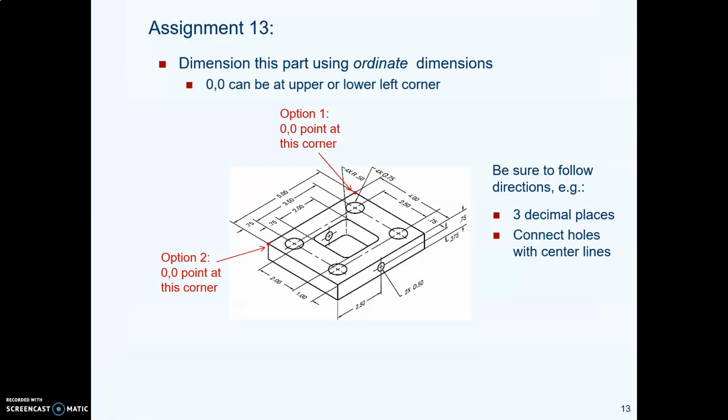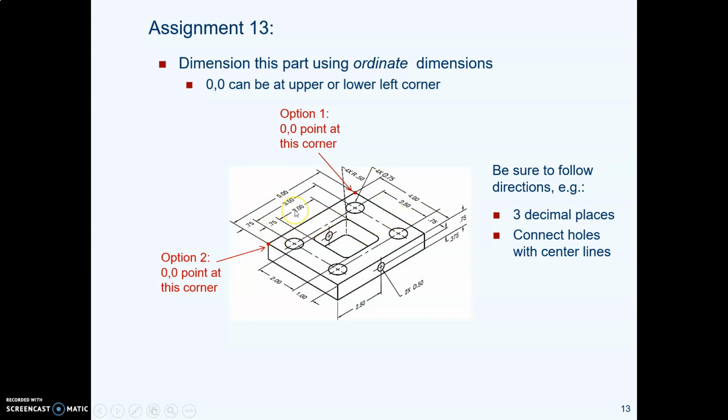Now here's the part we're going to be drawing and dimensioning with ordinate dimensions. Please notice that in this isometric view, our textbook has used dimensions with arrows, but that is not what you should be doing in your drawing.